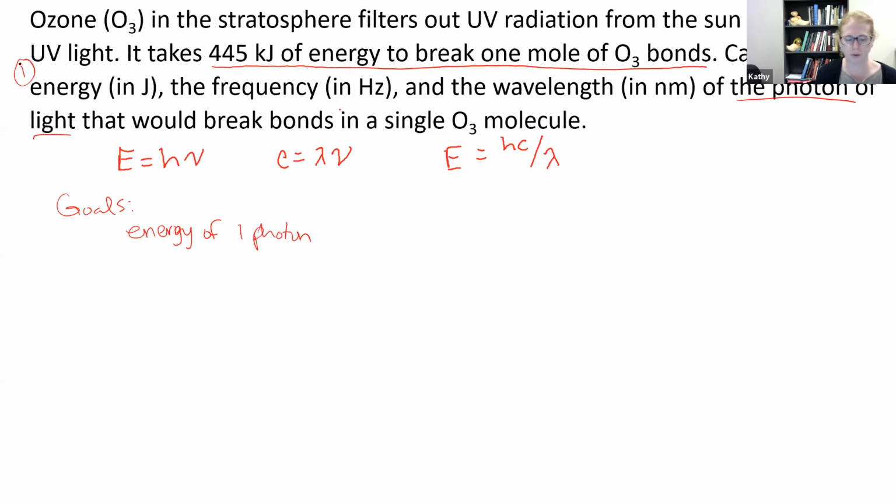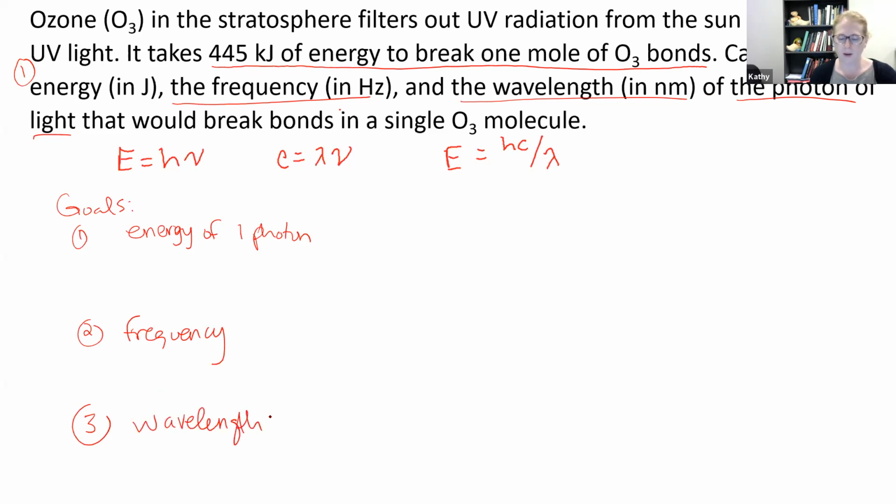Goal number 1. Goal number 2 is the frequency, and again, that's going back to 1 photon, so frequency. And then the third one is the wavelength. So I know that by the time I get done, I'm going to find E and nu and lambda.